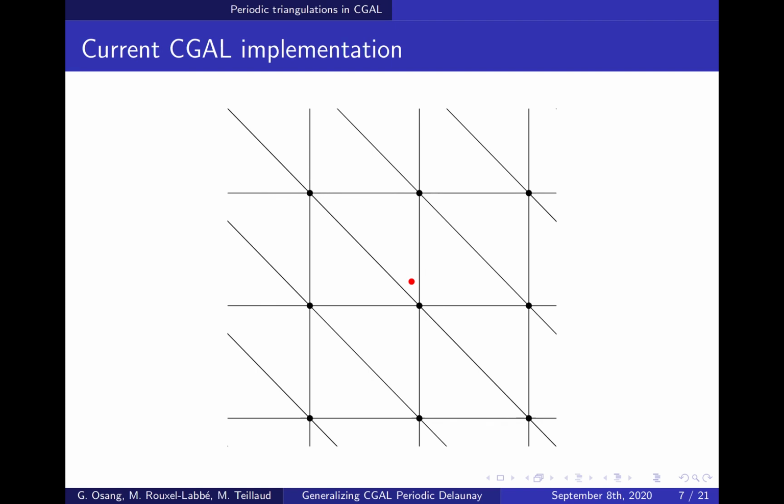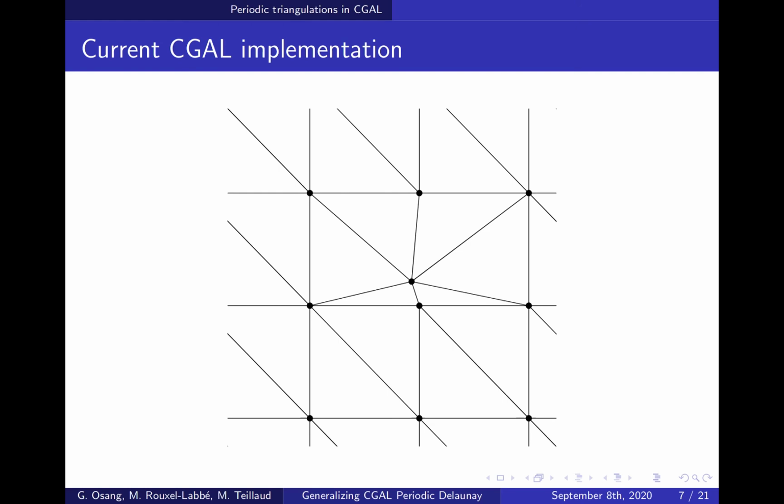First the point is inserted, and the conflict zone is detected. When I say conflict zone, it basically is the set of triangles, or cells in 3 dimensions, which need to be removed and replaced with different triangles. And this is basically the way the Boyer-Watson algorithm operates.